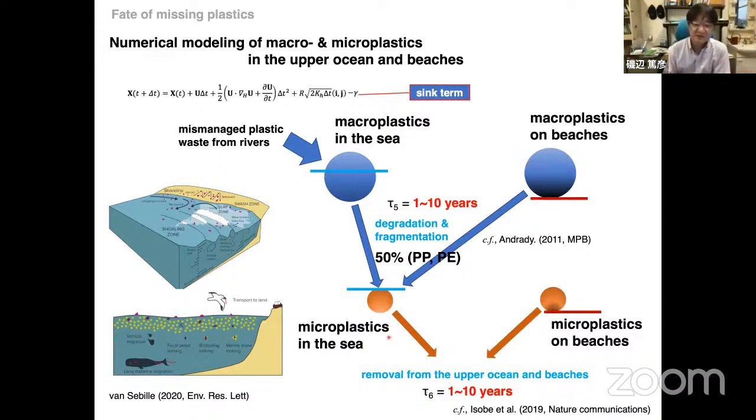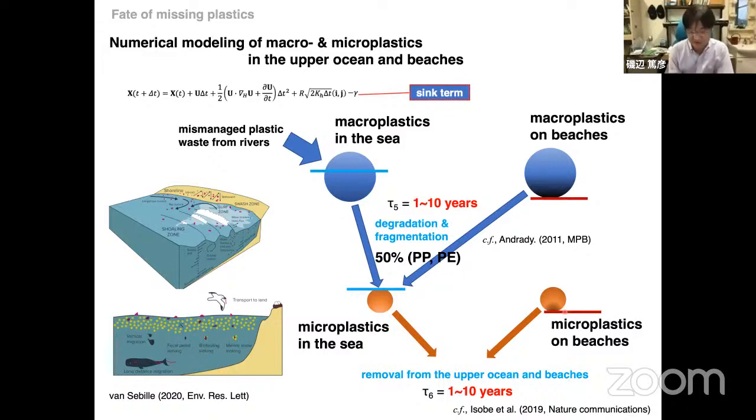And microplastic in the sea or on the beach is removed from the upper ocean or beaches. Of course, this time scale is also difficult to determine at the present time. It's a very challenging topic in microplastic and ocean plastic research. For example, in Isobe 2019, we assumed a time scale of 3 years by comparing the modeled and observed microplastic distributions.